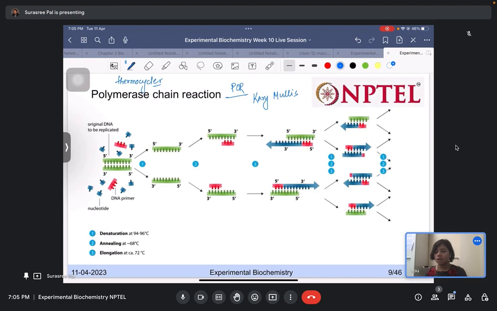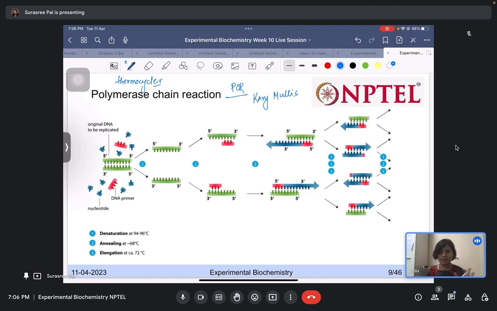It is basically a cycler: it can cycle between temperatures, and by maintaining different temperatures, several parts of the reaction can be carried out.